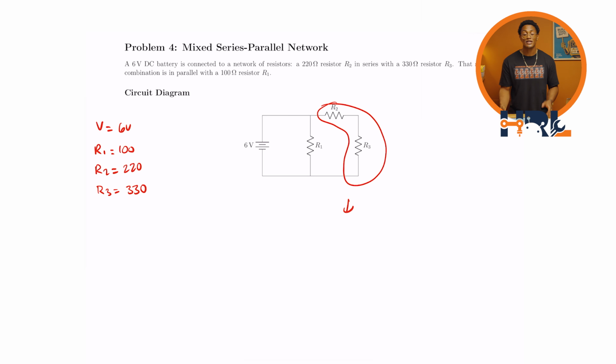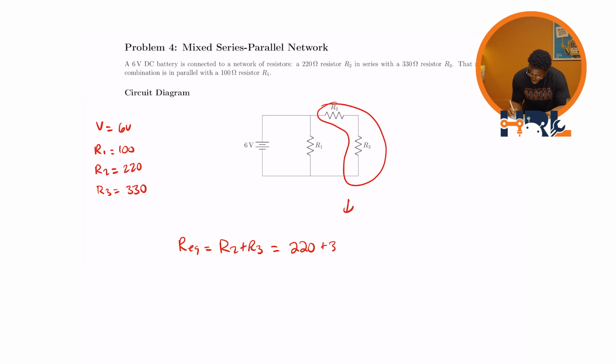All right, so let's calculate the equivalent resistance of those series resistors. The equivalent resistance is equal to the sum of the resistors, R2 plus R3, that's 220 plus 330, which is 550 ohms.